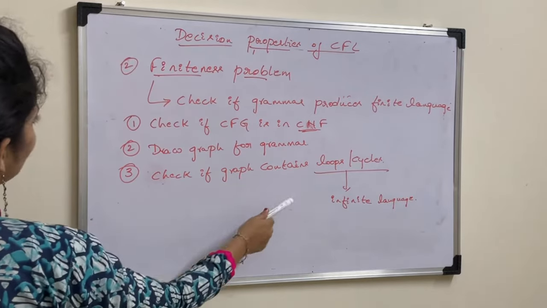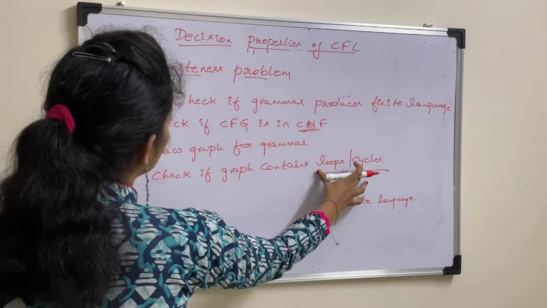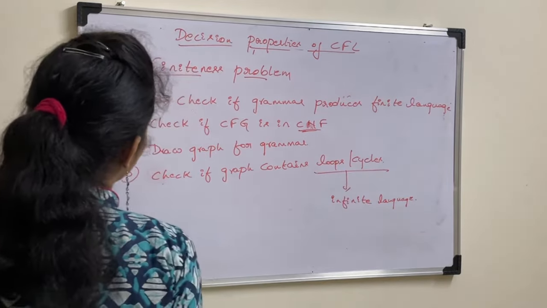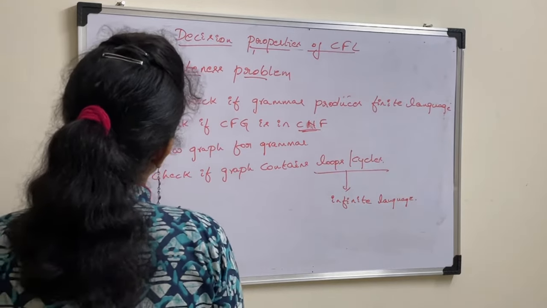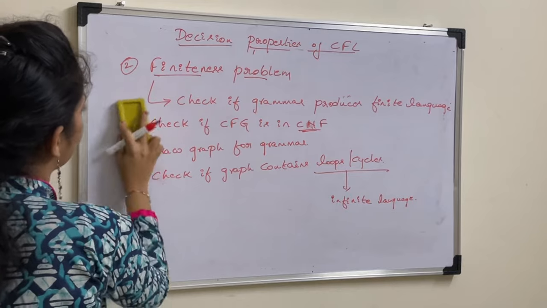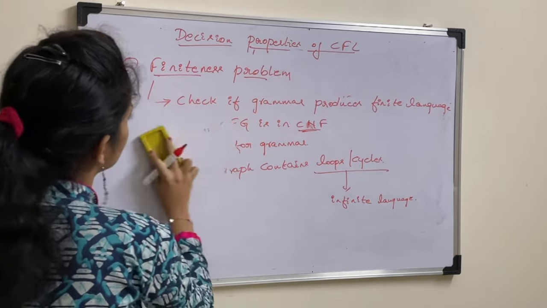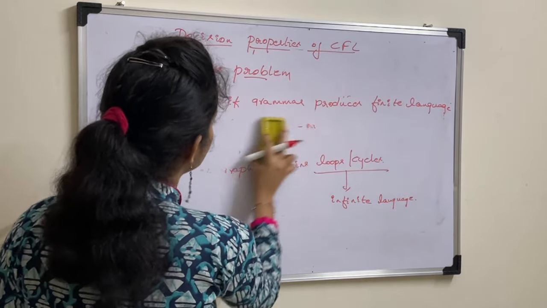If so, then that grammar definitely generates an infinite language. If there are no loops or cycles in the graph, then it generates a finite language. So let us solve one problem. You just make note of these things so that while solving it will be easy.